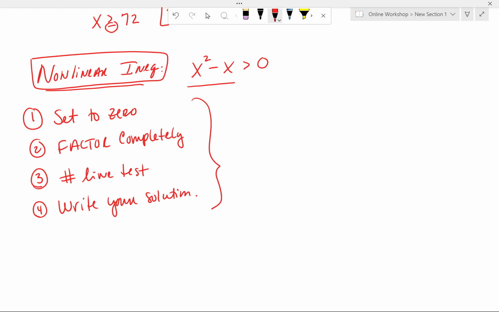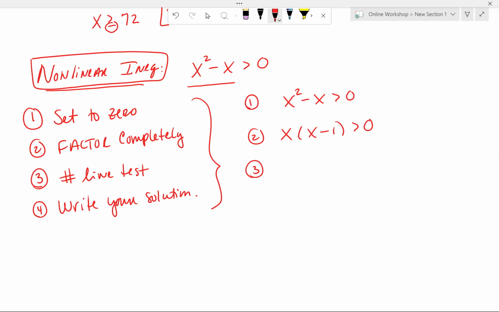So here in this problem, we are set to 0 already. So step 1, the inequality is already set to 0. Step 2, we're going to factor completely. So I'll start with the GCF by taking out an x, and this is what I have. Step 3, in order to do the number line test, you need critical points.